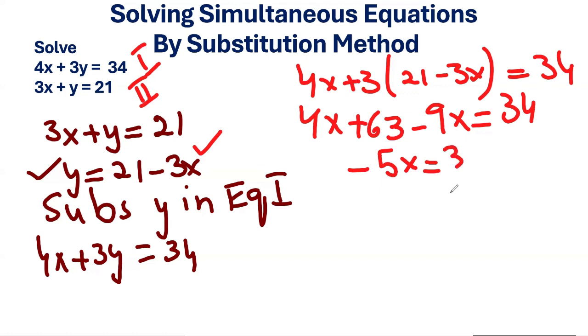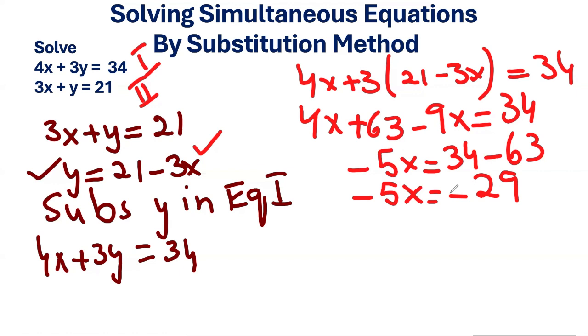And 34 minus 63. So next step is minus 5x is equal to 34 minus 63. 34 minus 63 will give you minus 29.